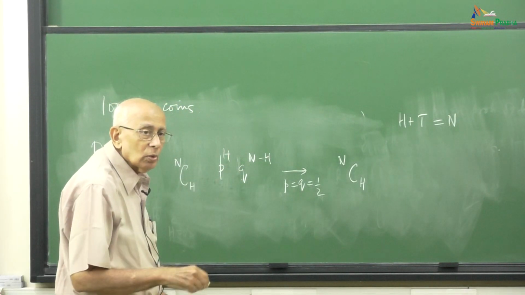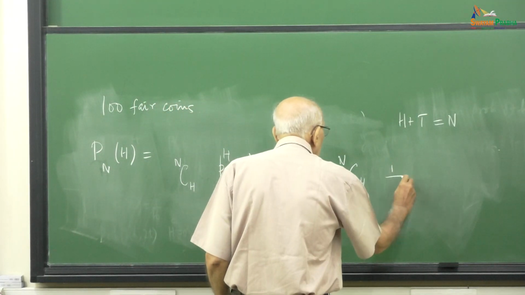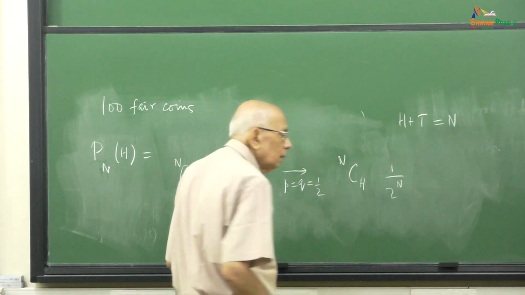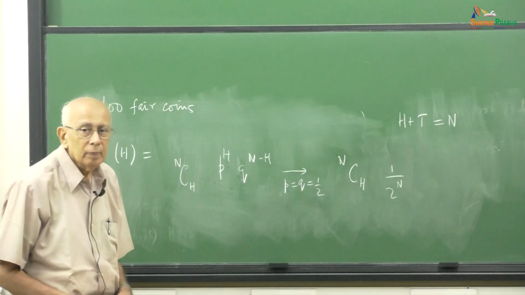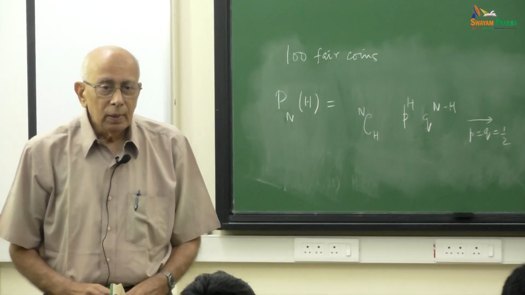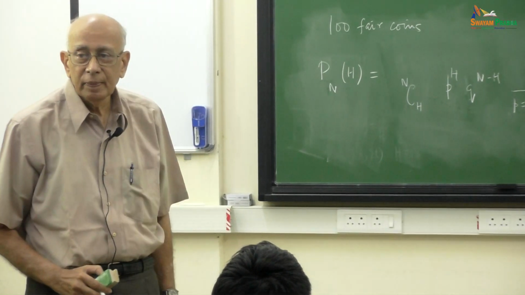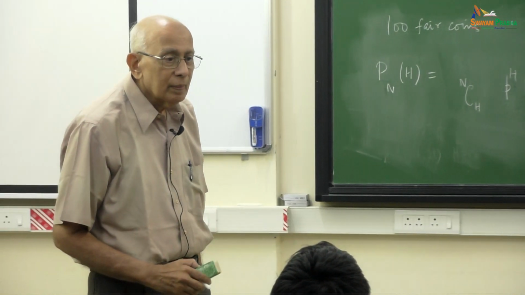So it's just 1 over 2 to the power capital N. What is the probability that all 100 are heads? 1 by 2 to the power 100.